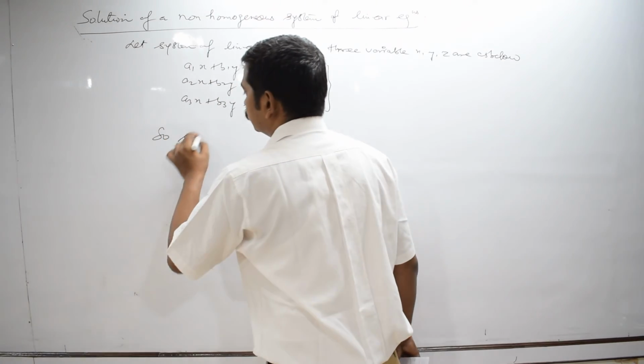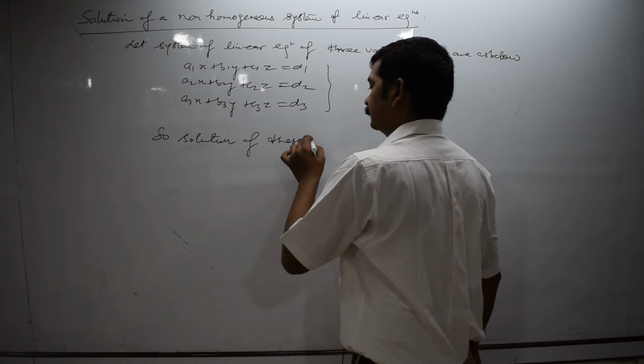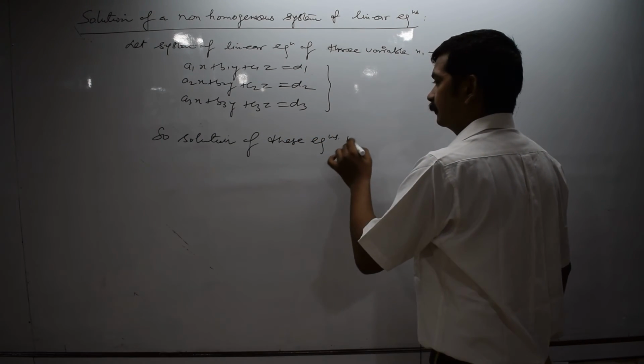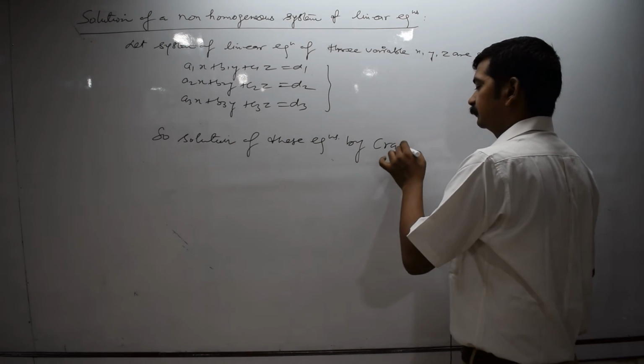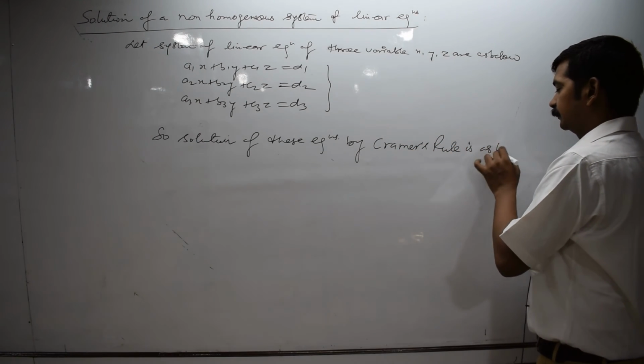So, the solution of this equation by Cramer's rule is as below.